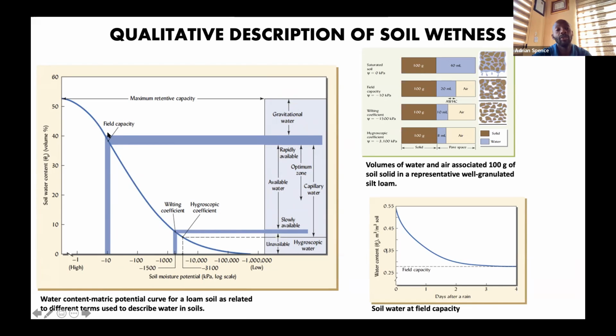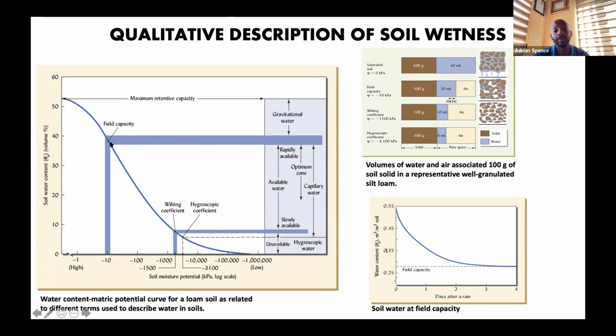Right? Now, after most of this gravitational water has drained out, the soil is now at what you call your field capacity. Right, so essentially water is now in smaller pores, and your pressure potential value is around 10 kilopascals here.